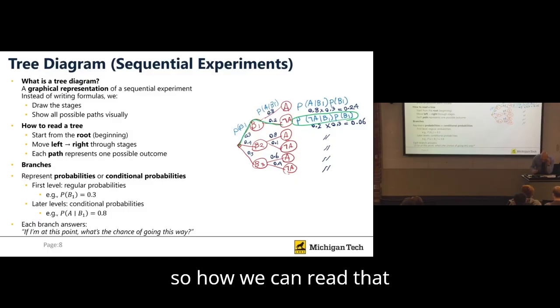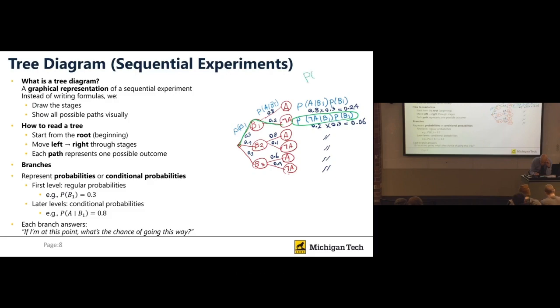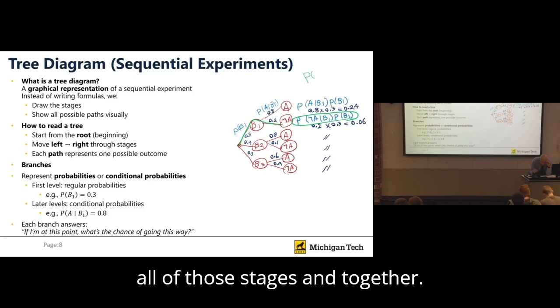Okay, so how can we read that? Start from the root, move left or right through the stages, and find these leaves. And the leaves are actually the probability of all of those stages together.